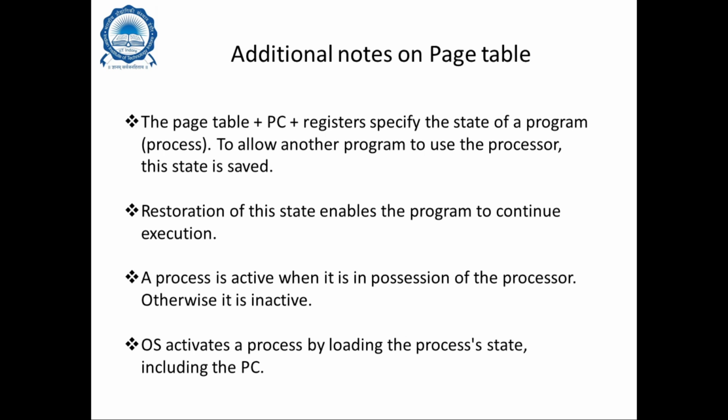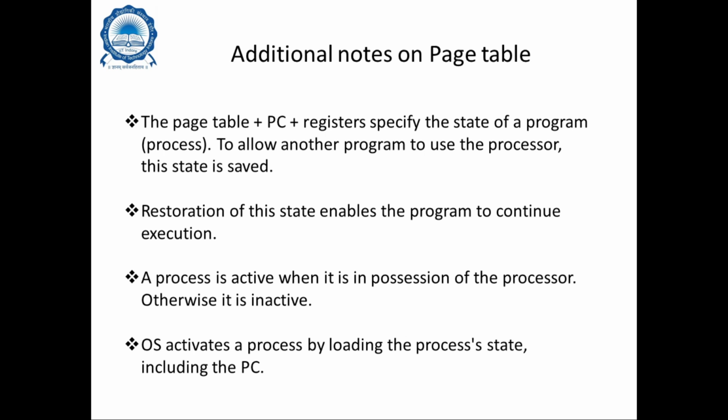A few additional notes on the page table. The page table plus the program counter plus the registers specify the state of a program, which is a process. To allow another program to use the processor, the state has to be saved so that it can be restored later, and restoring the state enables the program to continue execution. A process is active when it is in possession of the processor; otherwise it is considered to be in an inactive or dormant state.